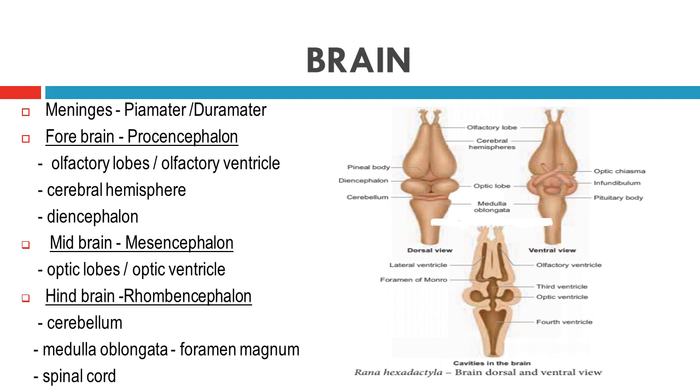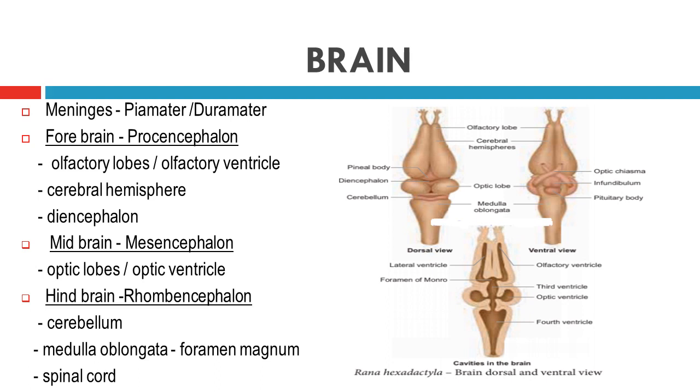Inside the olfactory lobe, there is a cavity known as the olfactory ventricle. Ventricle in the sense here is actually a cavity. And that is the first region of the prosencephalon.